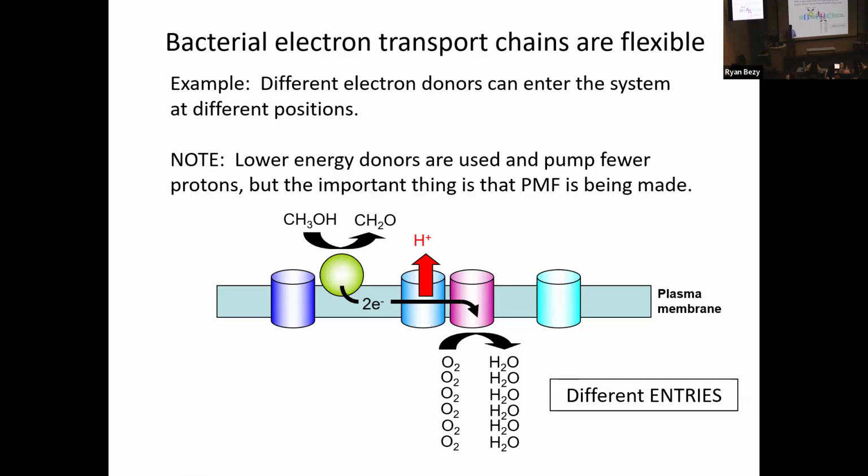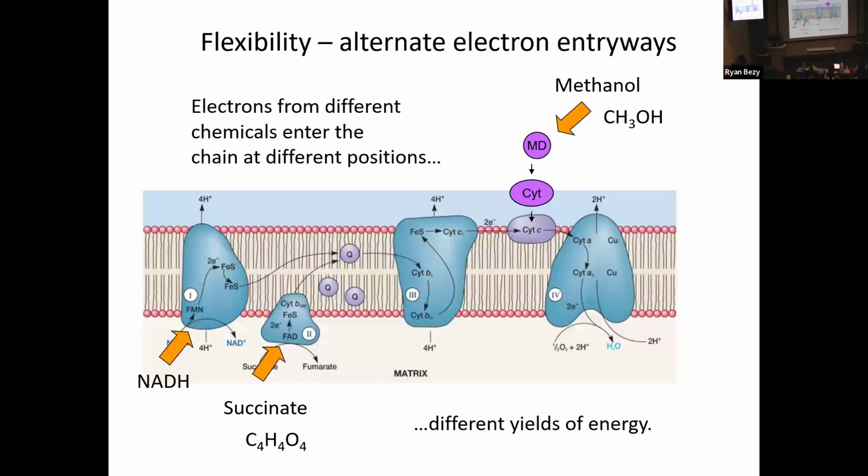It's not the only one. I'm simplifying things when I teach it that way. We're not going to get into it too much in detail, but you can have different electron donors putting electrons in different places. For instance, something like methanol, CH3OH, can also be an electron donor to electron transport chains.